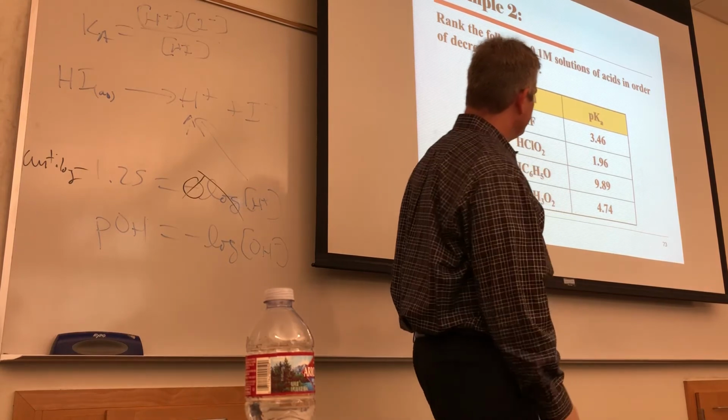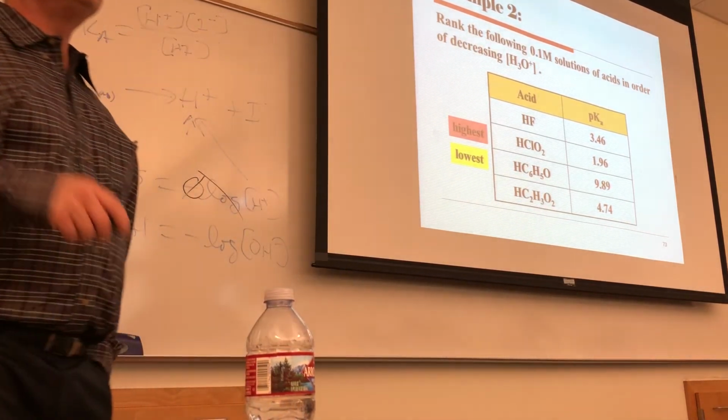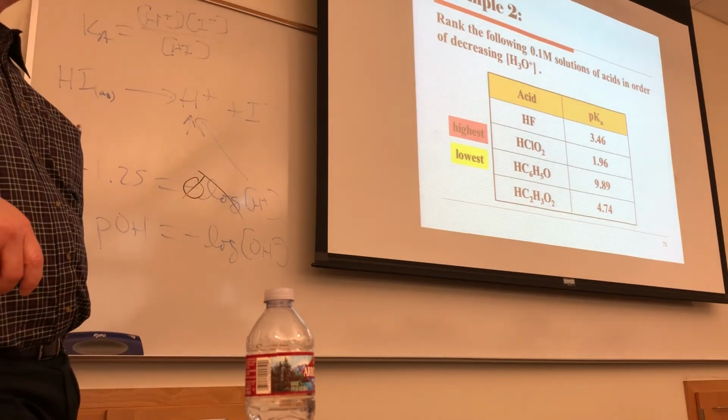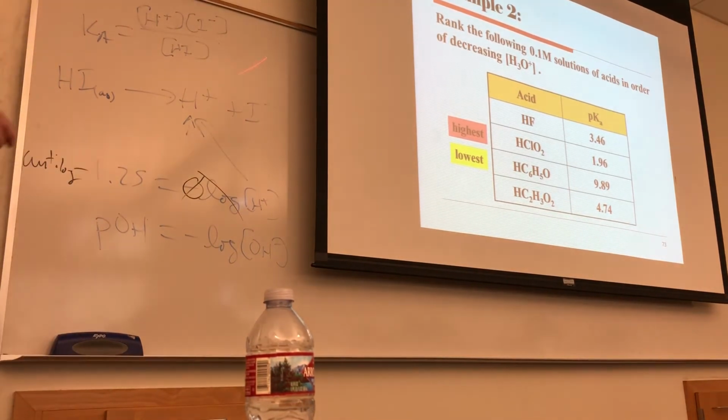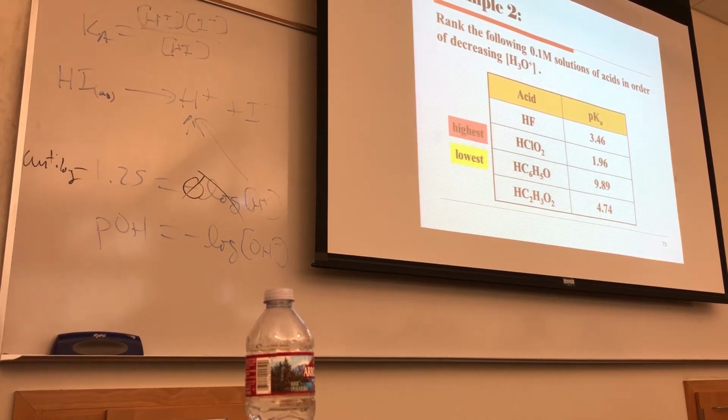Okay, so that's the lowest, that's the highest. Once again, set up a Ka chart like this so that you can see that the H plus is on top, so that you could look at the Ka increasing with higher H plus concentrations or hydronium concentrations, either way you want to say it, and therefore the pKa would be lower.